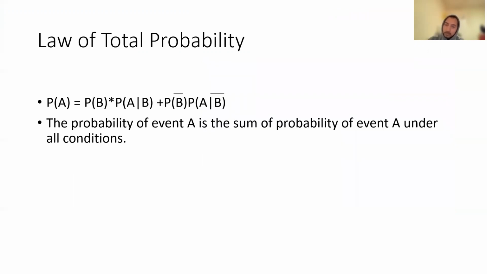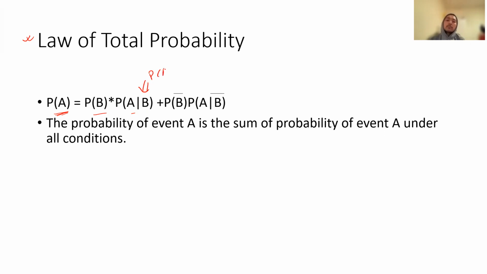Okay, so the law of total probability is this one. This is also often asked as an interview question. What is the law of total probability? It is the probability of event A. So, for example, if you need to calculate the probability of event A, then it is the probability of B times the probability of A given B. So how do we read this?